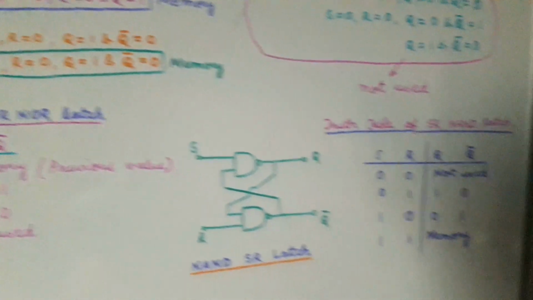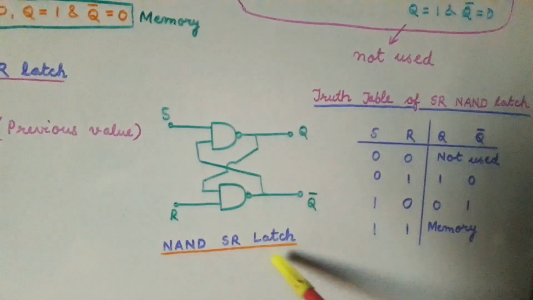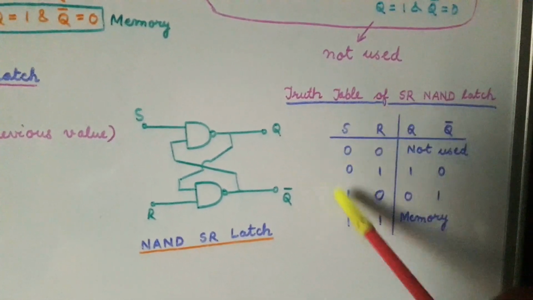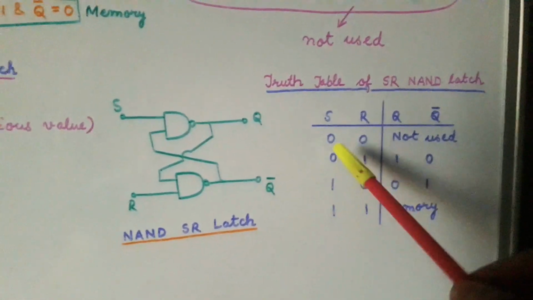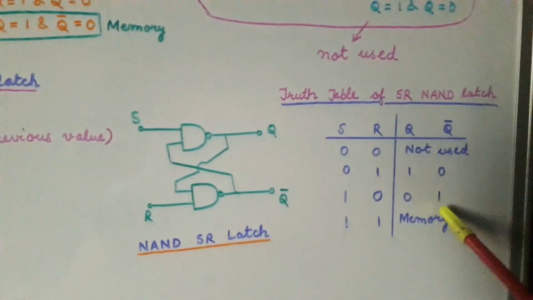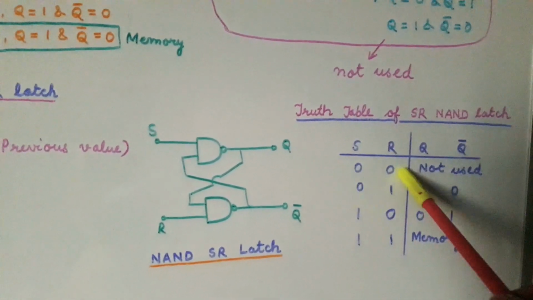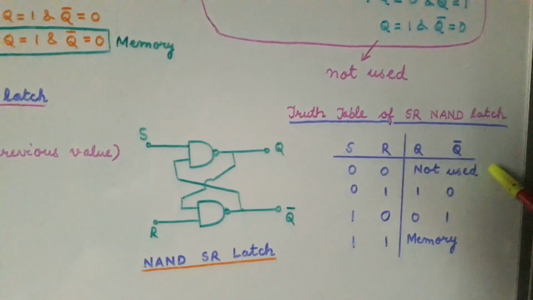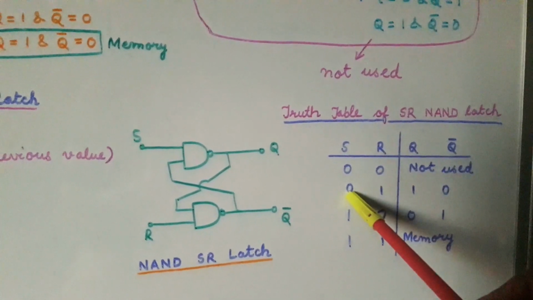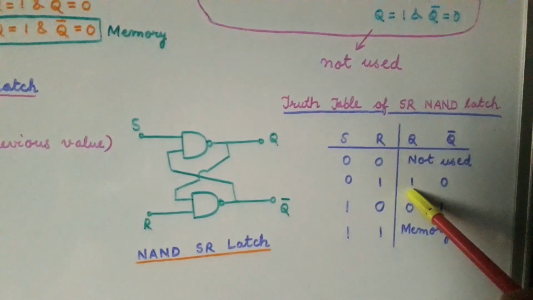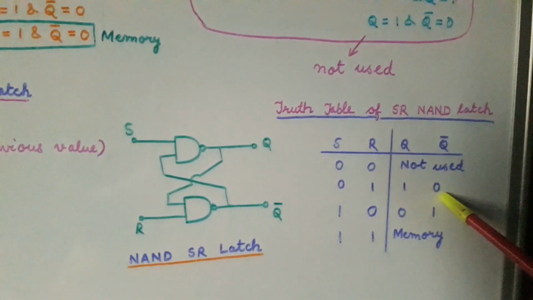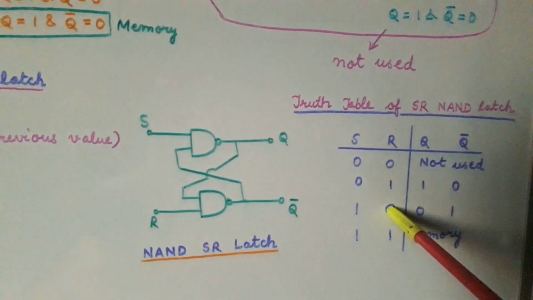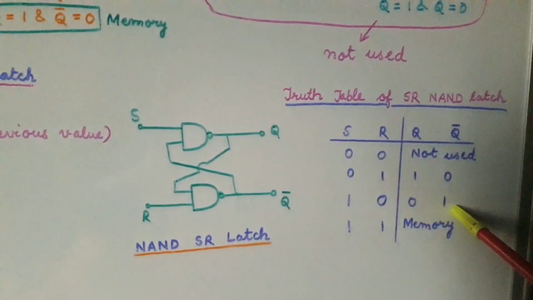Similarly, by similar analysis we can draw the truth table of the NAND latch. But in this case we will find that when the value of the inputs S and R is 0, it is the not used state. When the value of S is 0, we get the value of Q as 1 and its complement will be 0. Similarly, when S is 1 and R is 0, we get the output as 0 1.